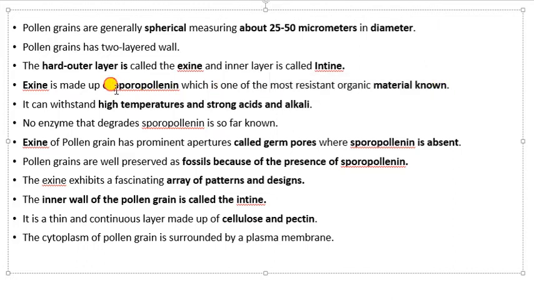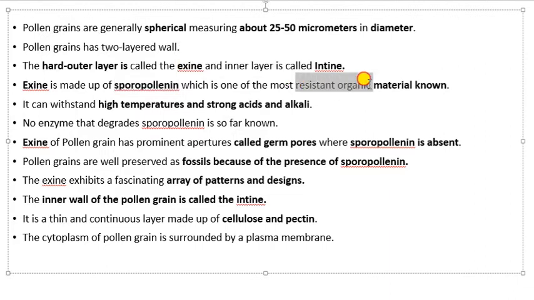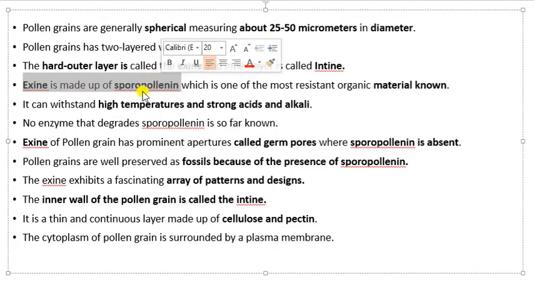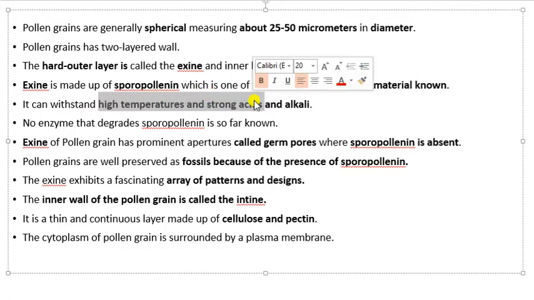Sporopollenin is basically secreted from the tapetum. If you remember, there were four layers in the microsporangium. The innermost layer was the tapetum, and that tapetum secretes sporopollenin. So exine is made up of sporopollenin. Sporopollenin can withstand very high temperatures, and also strong acids and alkali.